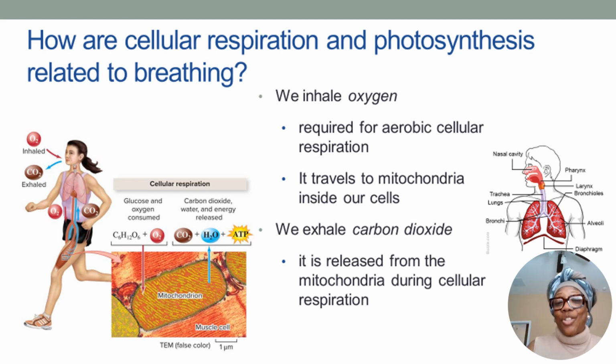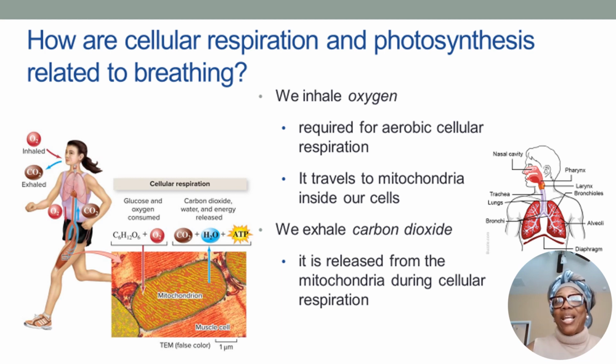Well, we inhale oxygen, and that oxygen is required for aerobic cellular respiration. It travels to our mitochondria inside our cells. When that oxygen goes through all of the processes of cellular respiration, when we exhale, the byproduct or waste that is generated at the end of the process of cellular respiration is carbon dioxide. It's released into the atmosphere from the mitochondria.